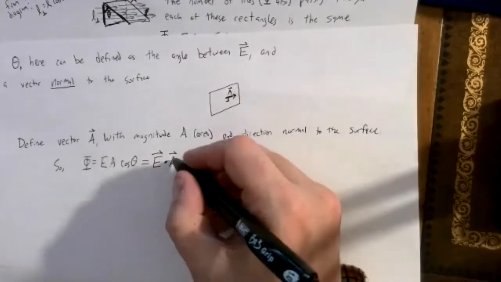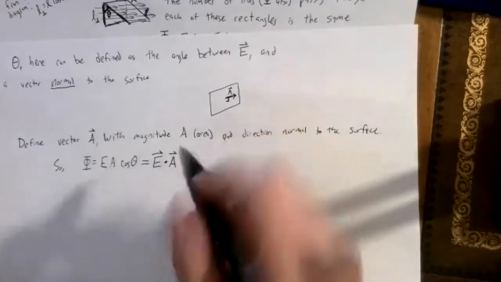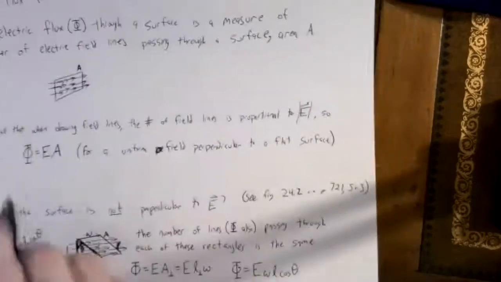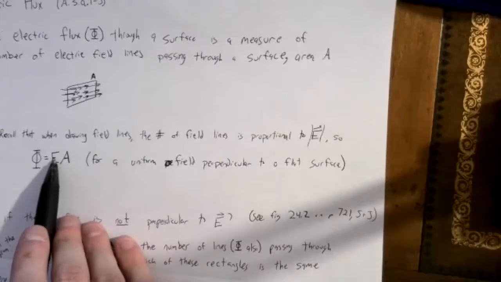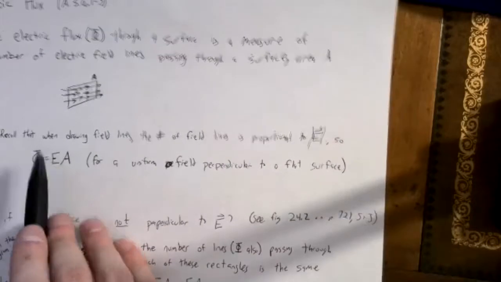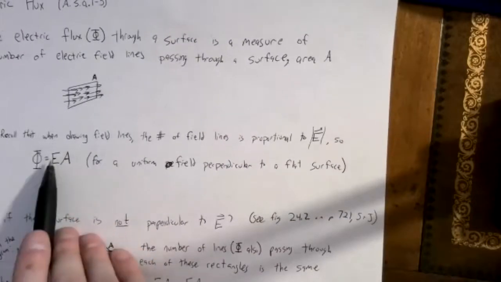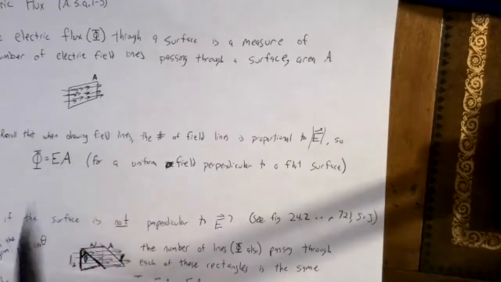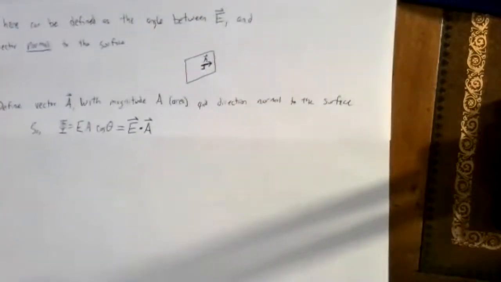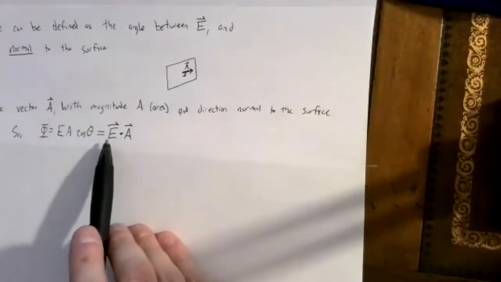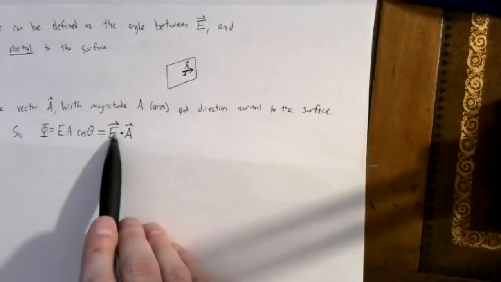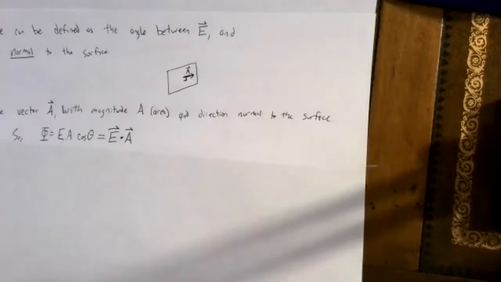So this is a little different. When we started, we had a flat surface and a uniform electric field perpendicular to that surface. We just had the magnitude of the electric field times the area. And now we're seeing that if they're not perpendicular, then we need to take the dot product between the electric field vector and the area vector.